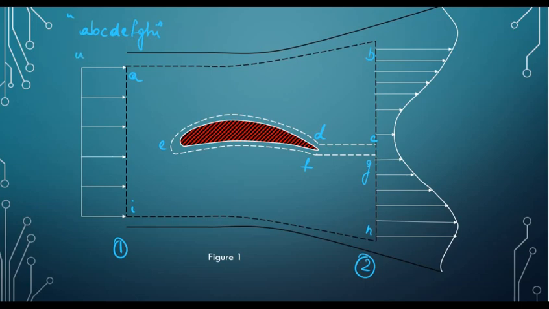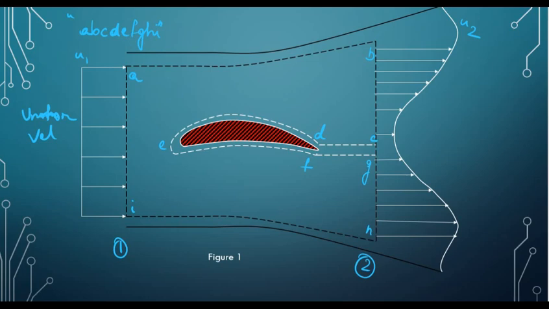So here we can see we have U1 and U2. U1 is the uniform velocity entering the control volume, and U2 is the velocity leaving the control volume. Now from the figure you can see that the velocity coming out of the control volume does not seem to be uniform. Why is it so, and how is it so, is what we will look into in this video.